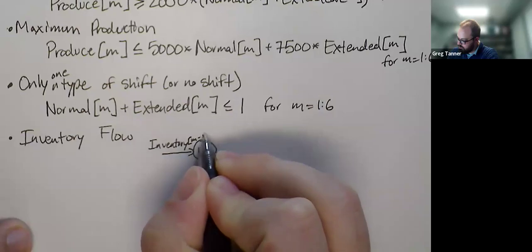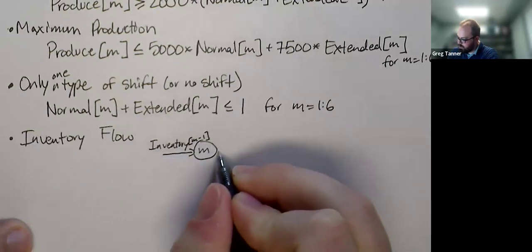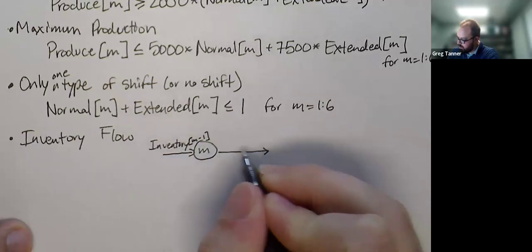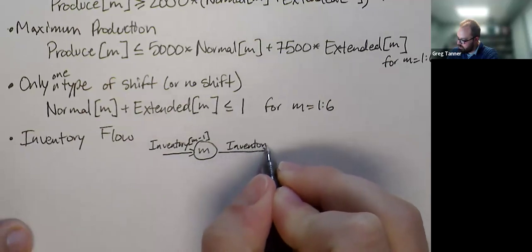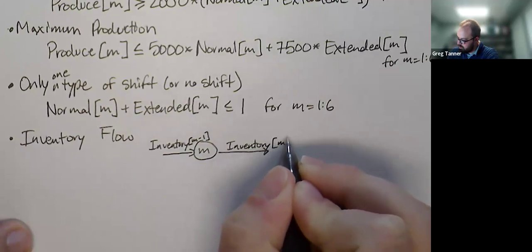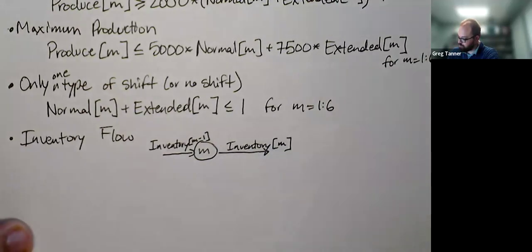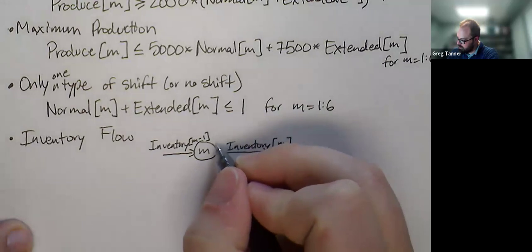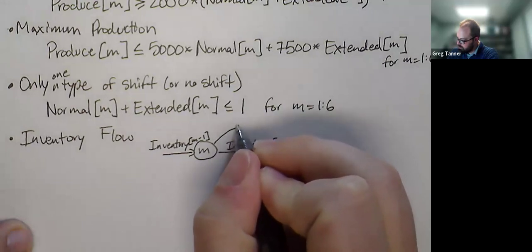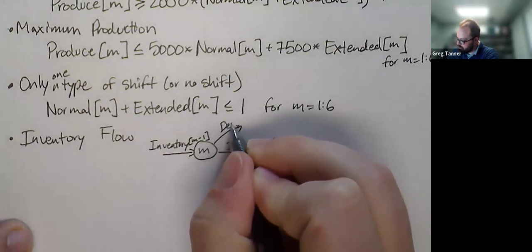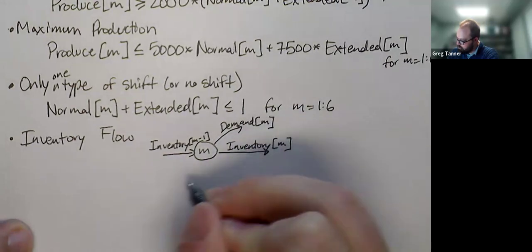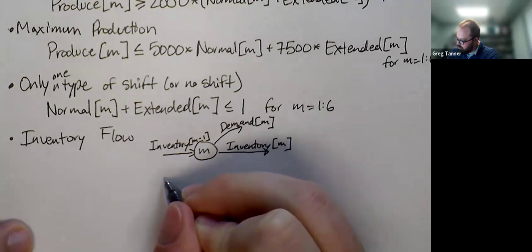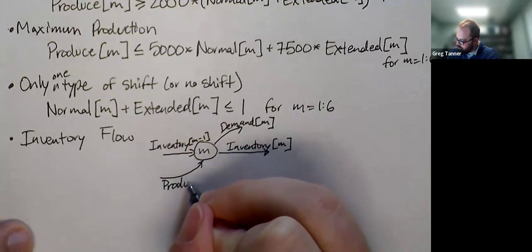I didn't leave myself quite enough room. From M-1 going in, we've got inventory of that month coming out. We've also got the demand going out. And then also coming in is however much we produce.